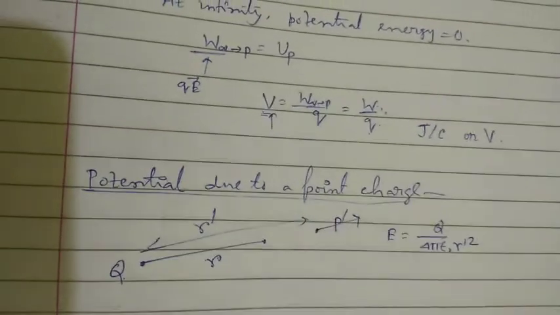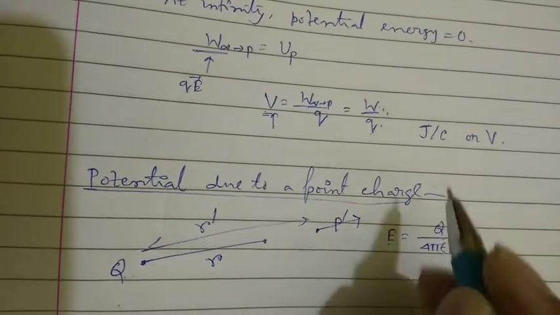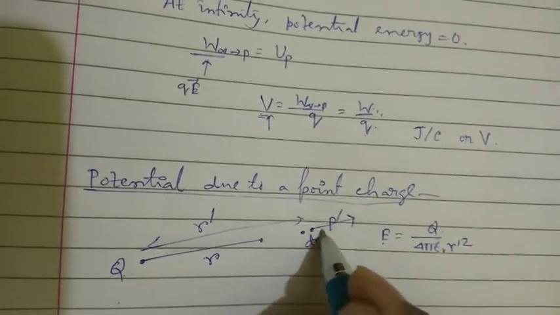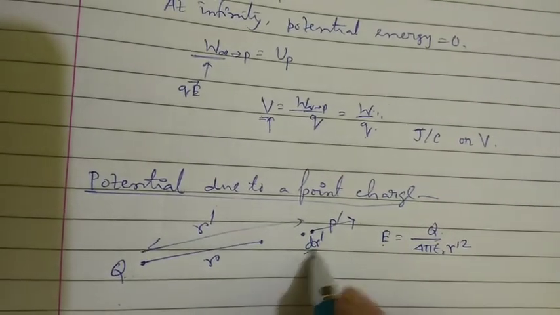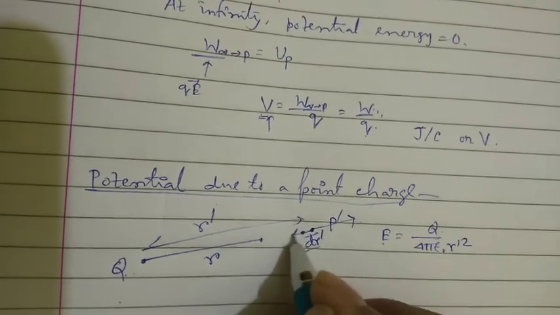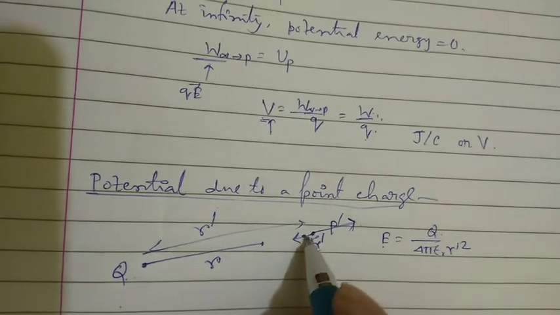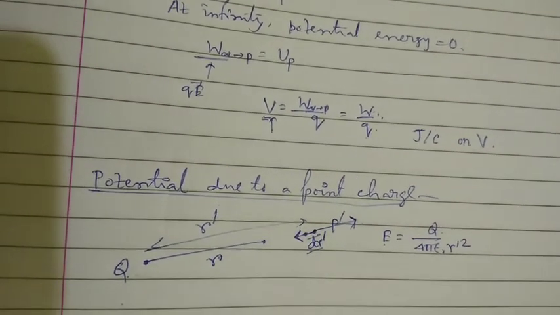Now suppose against this electric field we move this charge from here to here by a very small distance dr prime. So the direction of dr vector is along this. You can see the electric field vector and this displacement vector are opposite to each other.